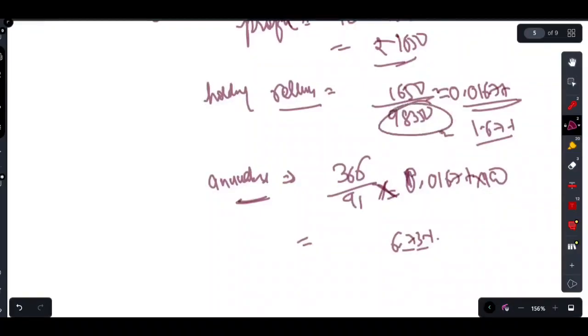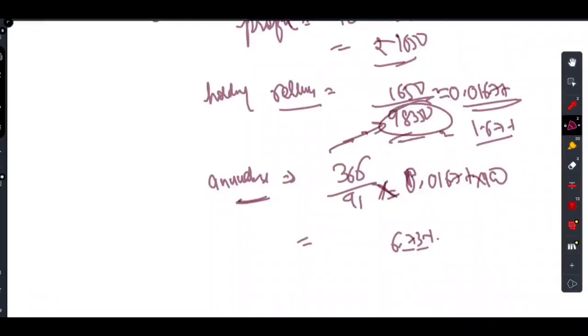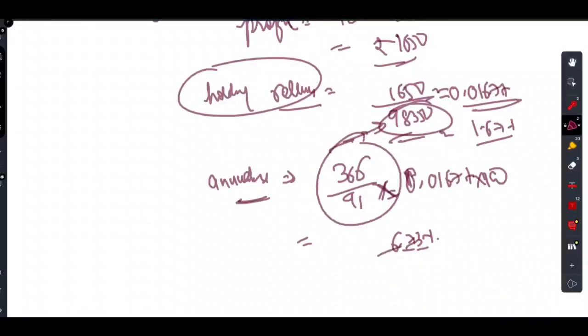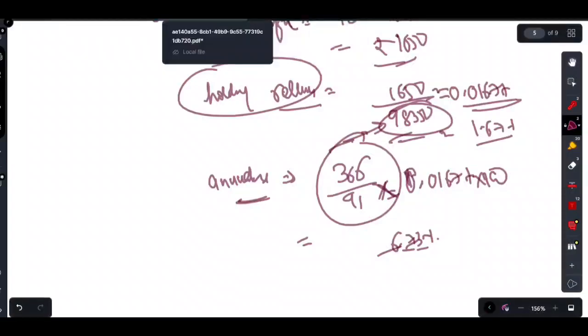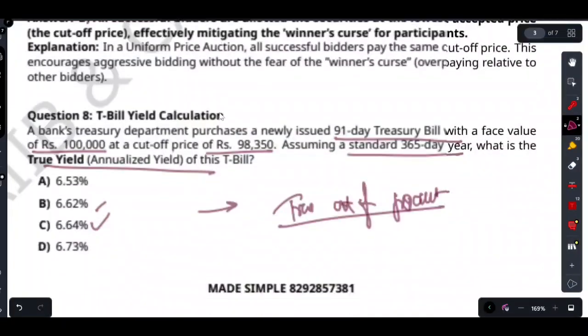That gives you the holding return, and annualizing it gives 6.73%. Scale it up to 365 days, and you will get the math right every time. I hope this is crystal clear.